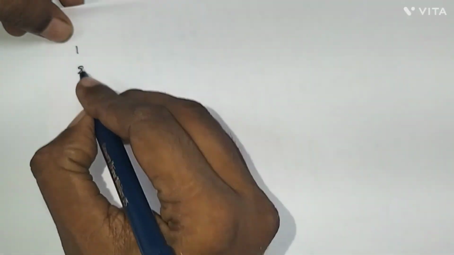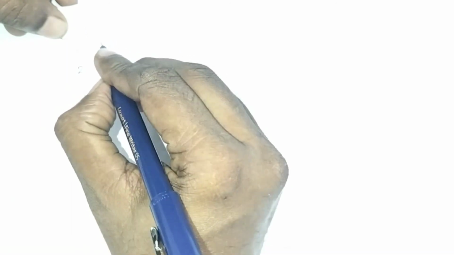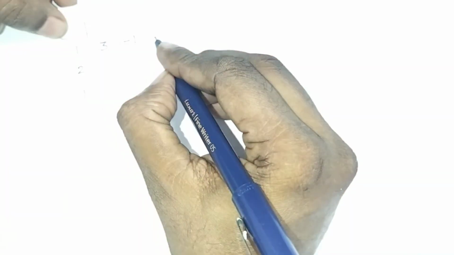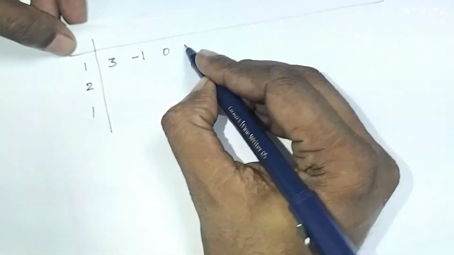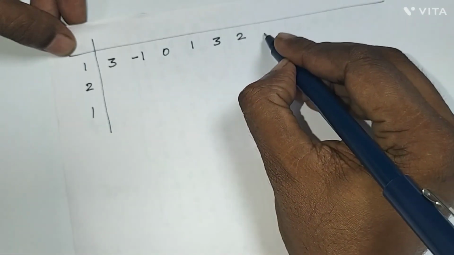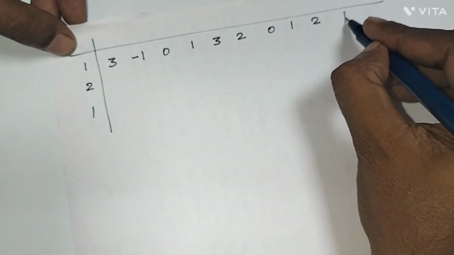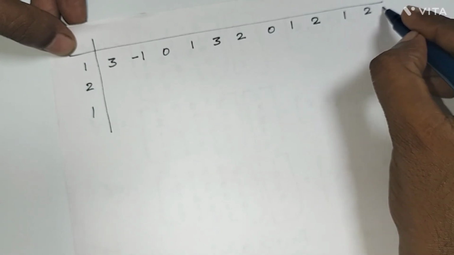The sequence is, that is the multiplication, 3 minus 1, 3 minus 1, 0, 1, 3, 2, 0, 1, 2, 1, 2, 5, 3, and 1.